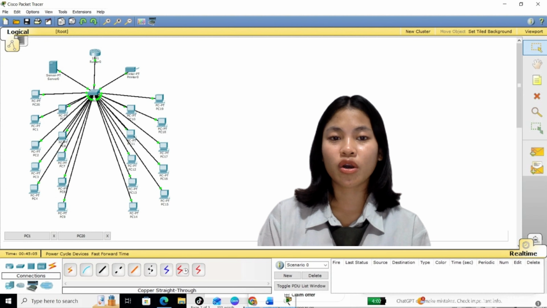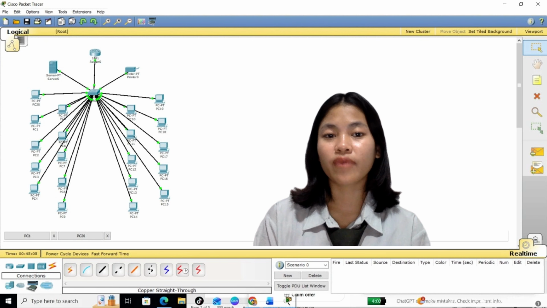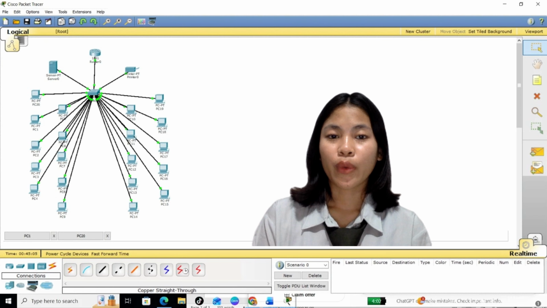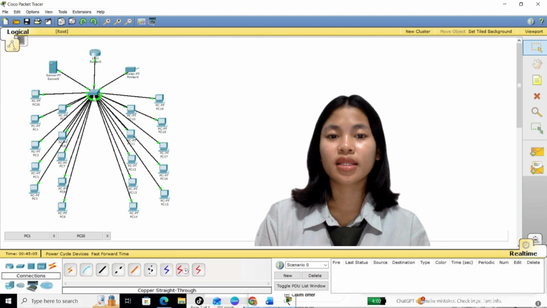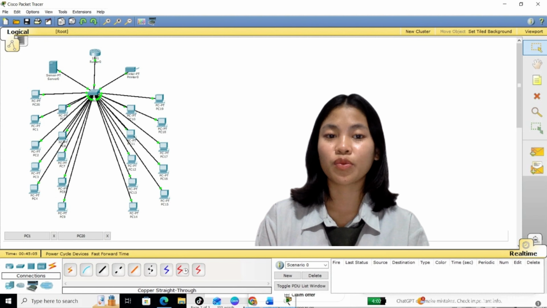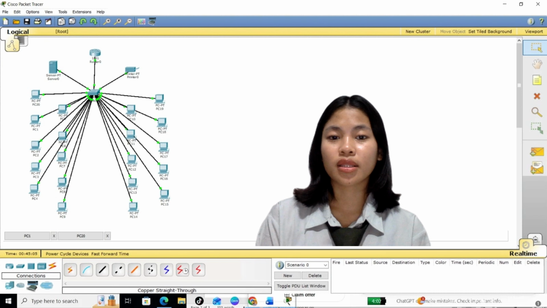The problem the company faced was that the data exchange process still used flash drives, which risked data loss. Furthermore, printers could only be accessed from a single computer, making their use ineffective.